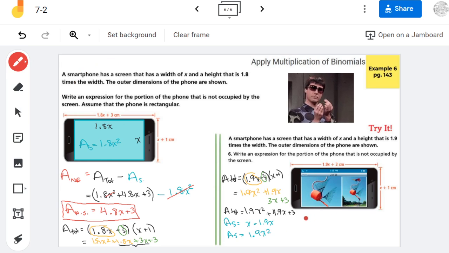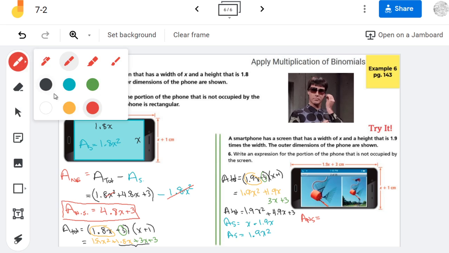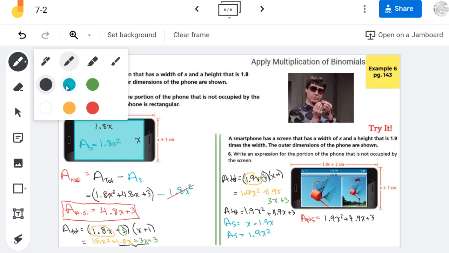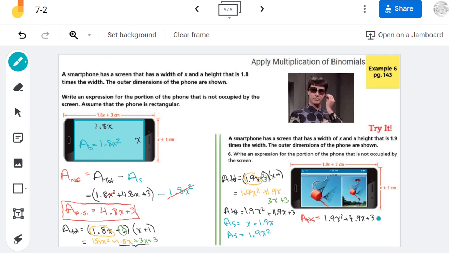And now I'm ready to find my area of my not screen. And again, I'm finding the area of the total. So I'm going to write that out: 1.9x squared plus 4.9x plus 3. And I'm subtracting from it the area of the screen, the 1.9x squared.